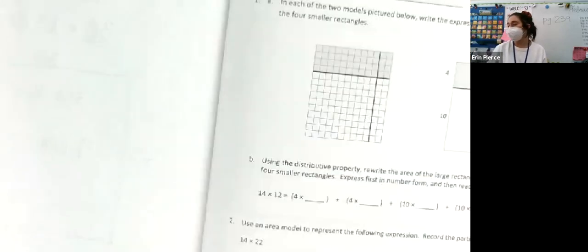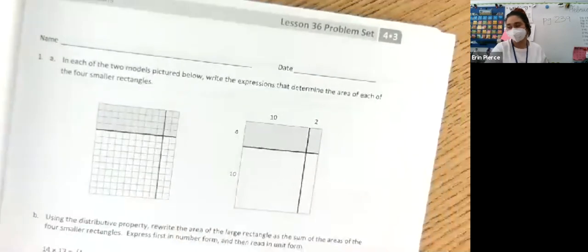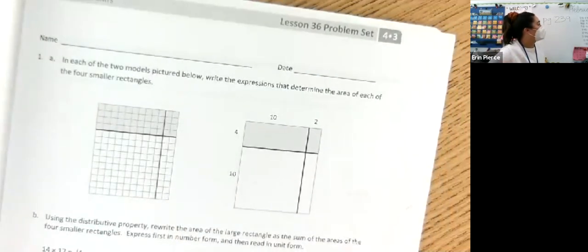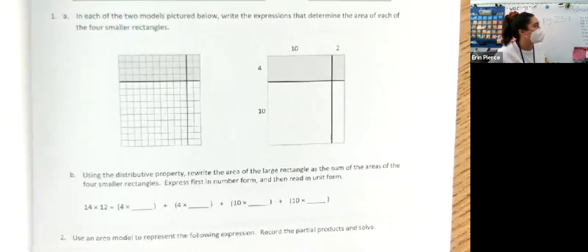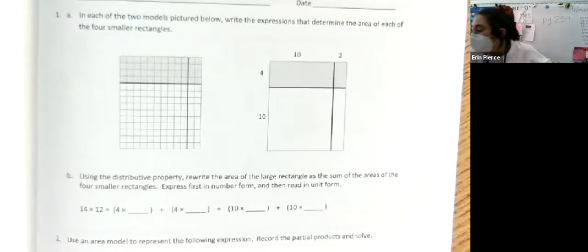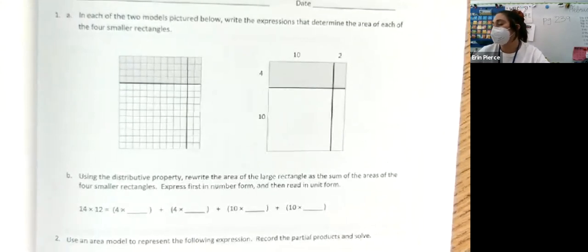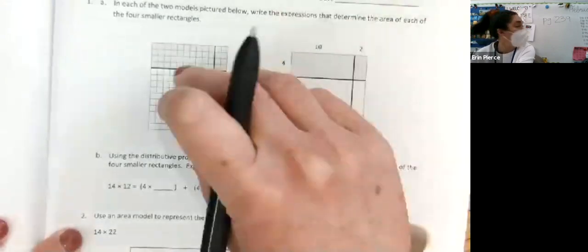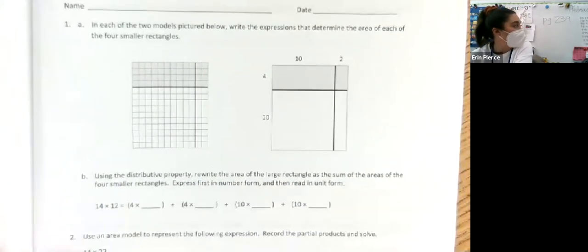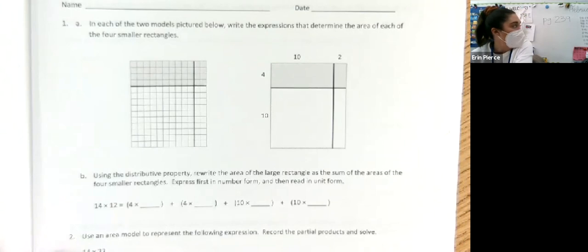All right, so like I said, 239. We're going to work through some of it together and some of it on our own. It says, in each of the 2 models pictured below, write the expressions that determine the area of the 4 smaller rectangles. So all we're doing for this top part is we're not writing anything in them.